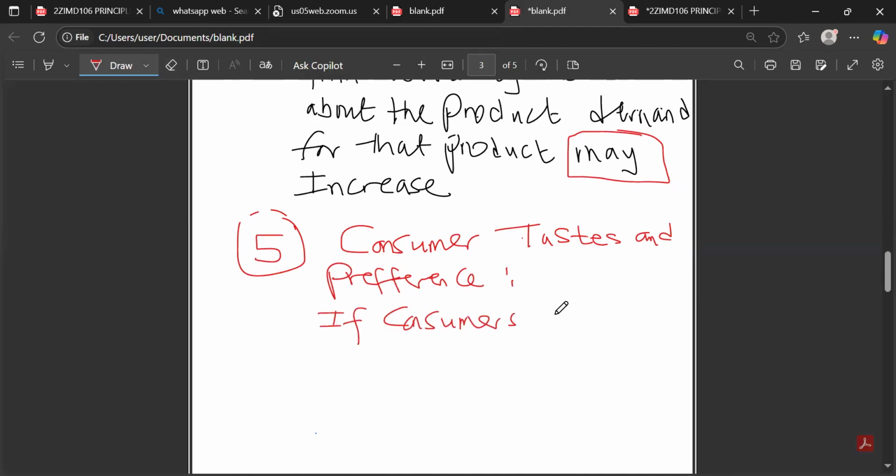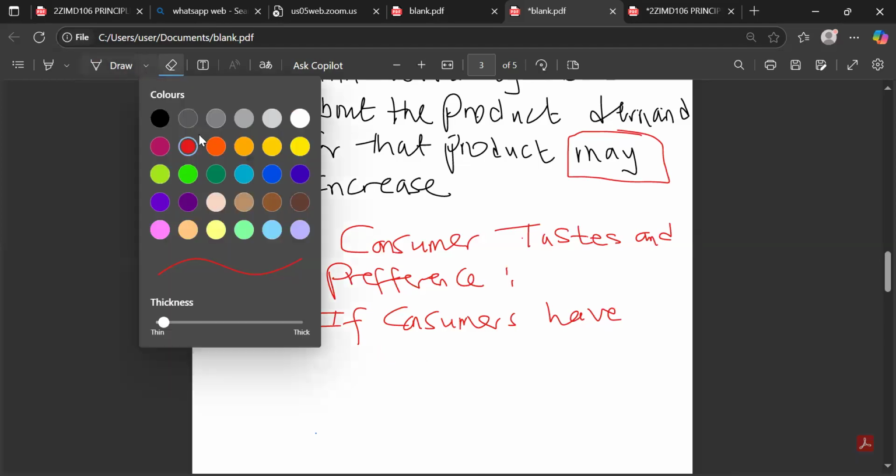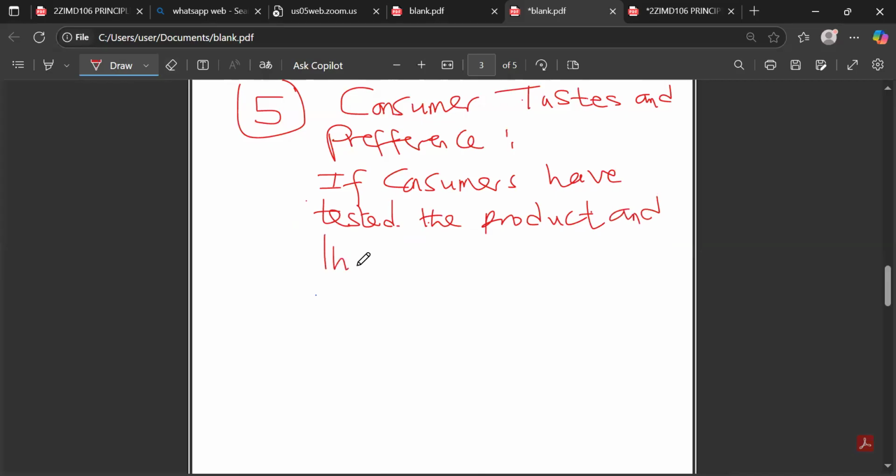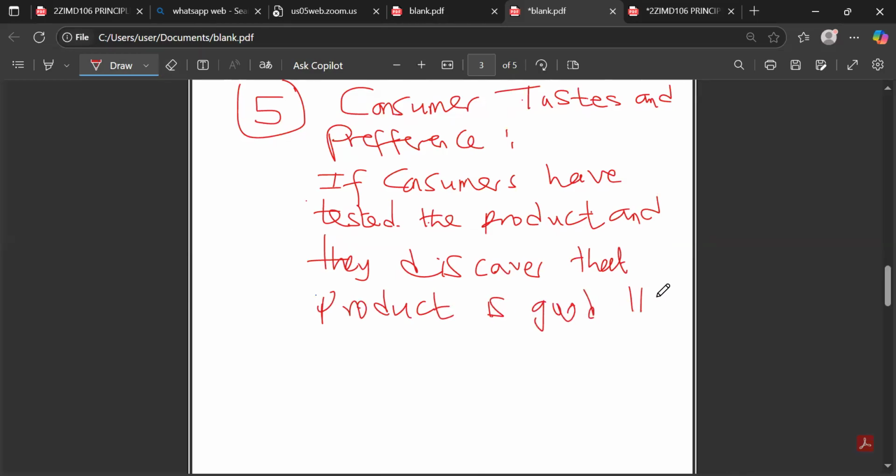So consumers have tasted the product, they discover that the product is good, then demand goes up.